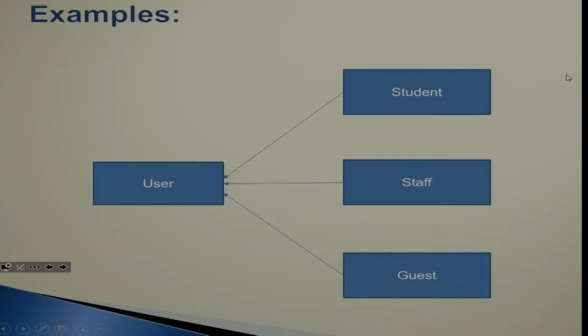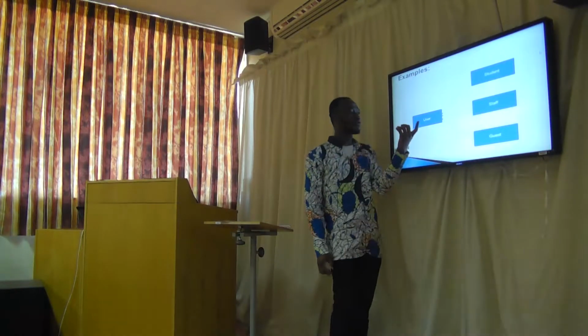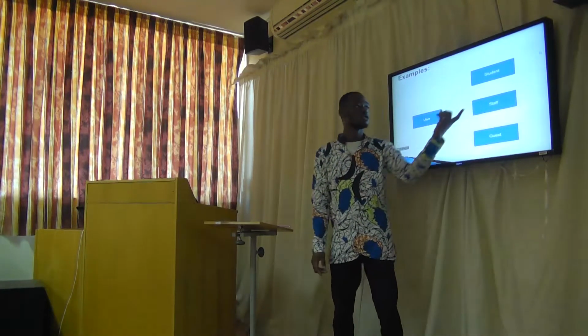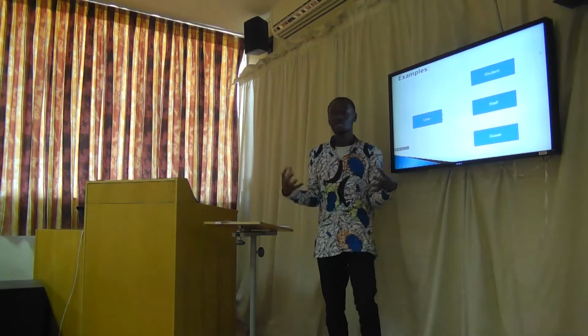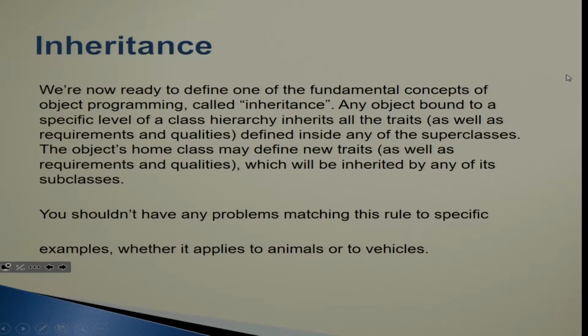Inheritance, right? You dealt with inheritance, and when you are modeling it, you are dealing with generalization. So in these kinds of classes, we have a main class called user, and under the user you are dealing with some classes, and you may have many of them. This is what is covered here.